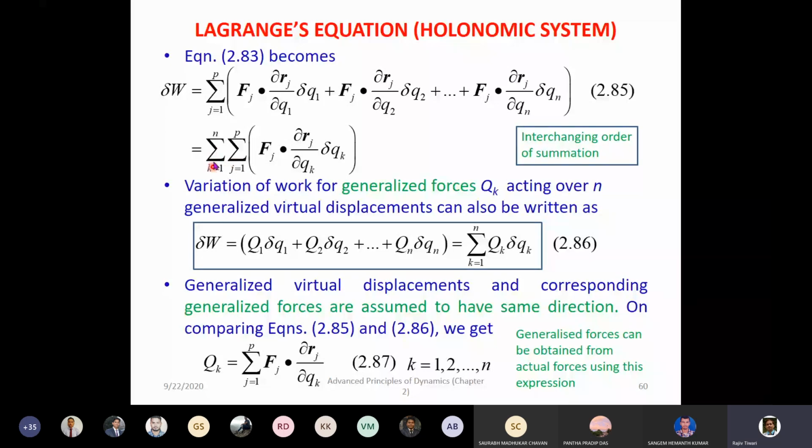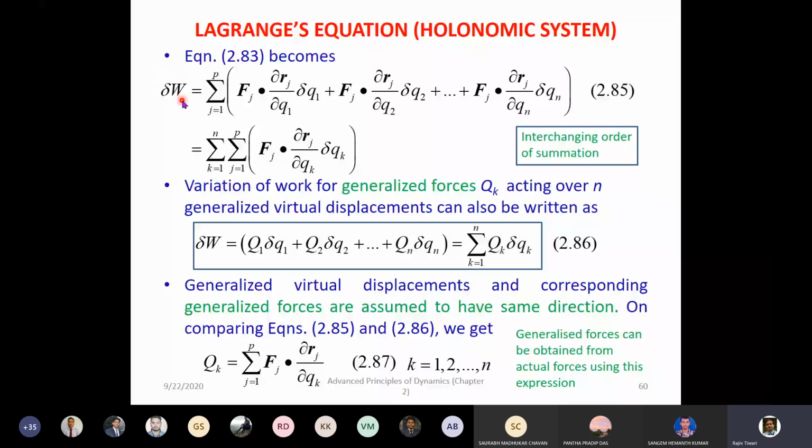So this corresponds to the summation of all these terms over K. So you can see this is the same expression as this. Now the two summations have come. One is K equal to 1 to n, the number of generalized coordinates, and another is J equal to 1 to P, which is the number of forces. So this is the virtual work expression.